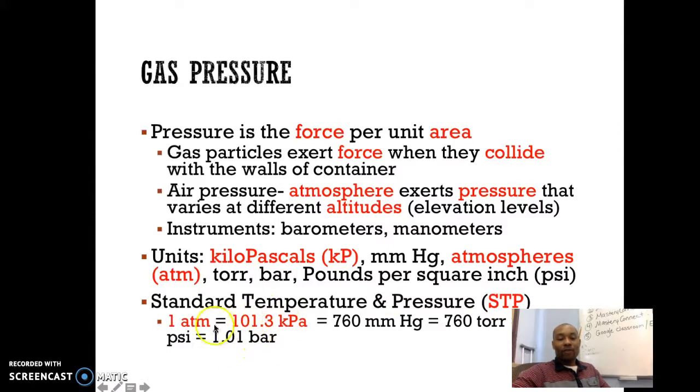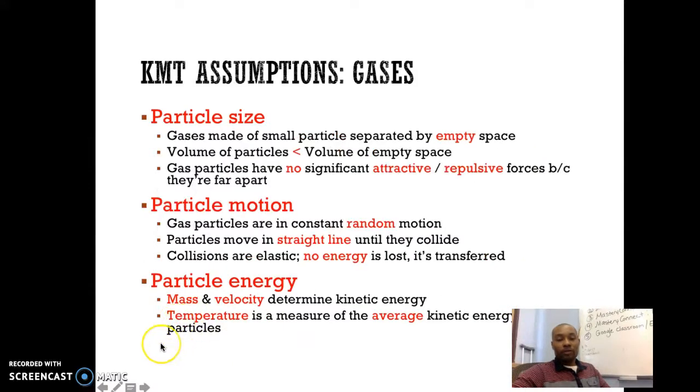Now, the main ones you have to know, which is typically used in a chemistry course, is 1 atmosphere and 101.3 kilopascals. Okay.